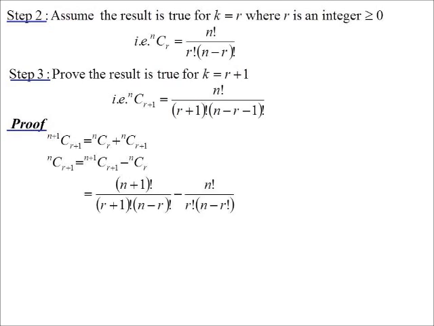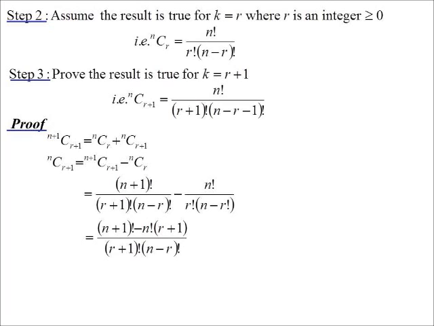But we have assumed that nCr is n factorial on r factorial, n minus r factorial, which also allows me to assume (n+1)C(r+1) is (n plus 1) factorial on (r plus 1) factorial, (n minus r) factorial, because all I'm really doing is replacing the r with r plus 1 and the n with n plus 1. Let's play around with that.